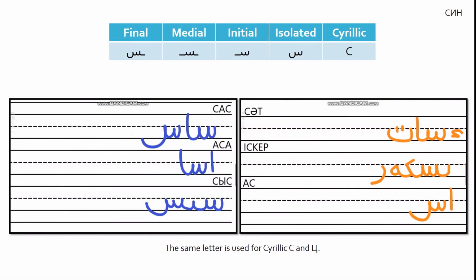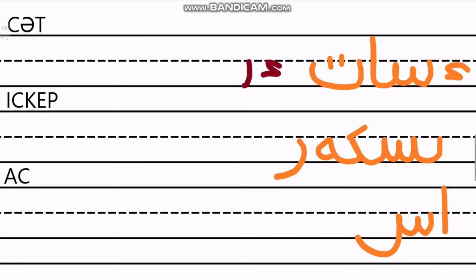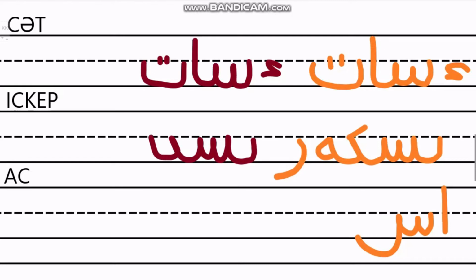This letter is also used to write ts, which only appears in foreign words, like Francia. Now let's practice with real words. Set. Is. Az.